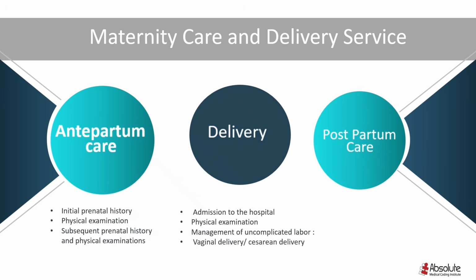And the surgical complications during the pregnancy, like appendectomy or ovarian cyst removal, are usually found and coded under the surgery section. Okay, so that's all with the delivery, and the delivery can be vaginal delivery as well as cesarean delivery.